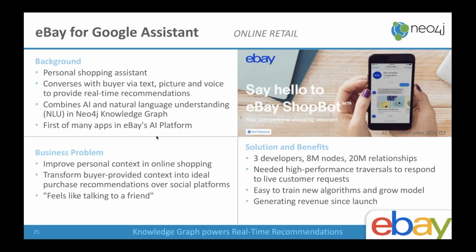We're going to talk about the eBay shop bot. So this is something that's been running for a while, first on Facebook, but now for their Google e-commerce. So Neo4j is providing a tool for natural language understanding.